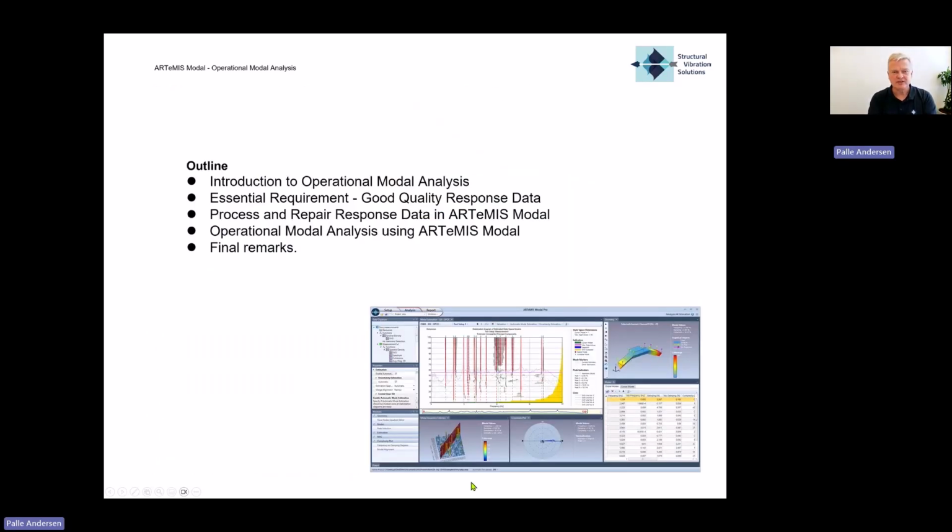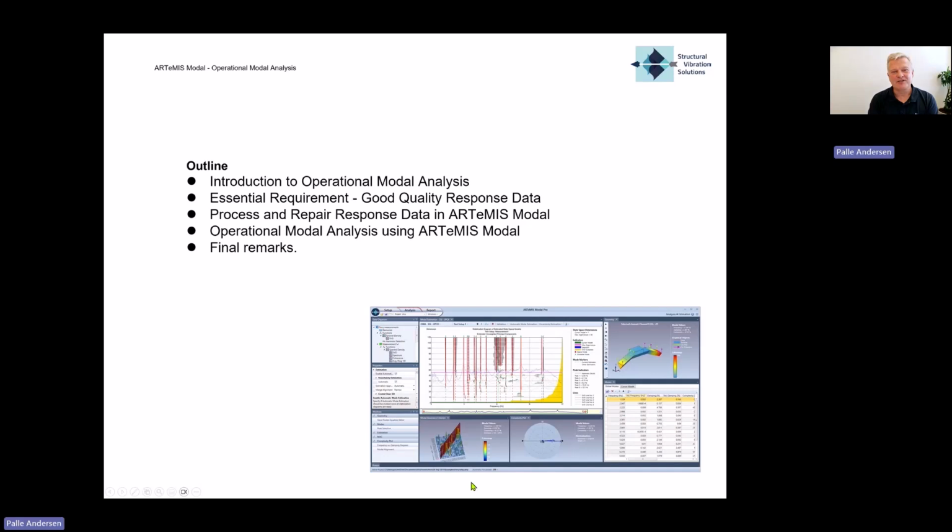I would like to go through the things I'd like to talk about here. First, there will be a short introduction to the topic, operational modal analysis. Then I will carry on with one of the two things I like to talk about today: what good response data is, which is our basis for operational modal analysis.